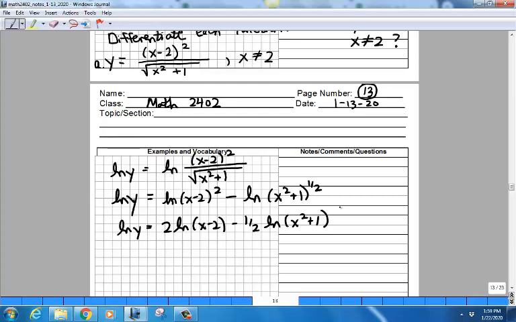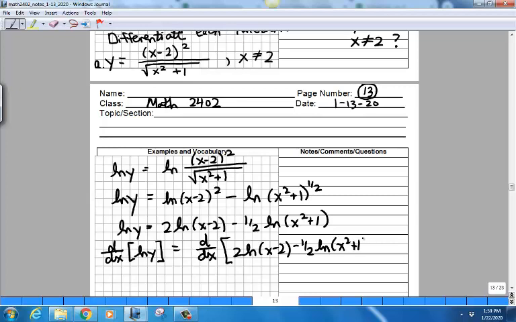The way you indicate that is you write d over dx of natural log of y is equal to d over dx of 2 natural log of (x minus 2) minus 1/2 natural log of (x squared plus 1).